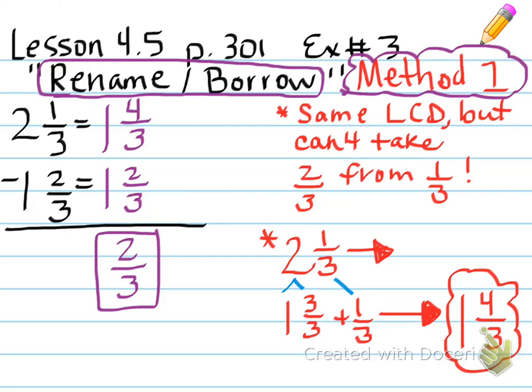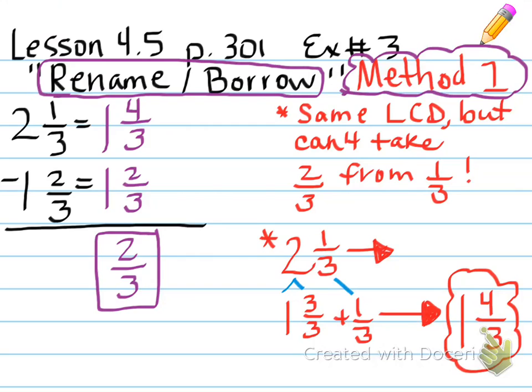The reason I chose 3/3 to represent the 1 whole is so that the denominators would stay the same. So since 1/3 was attached, I had 3/3 rewritten. So now the problem is 1 and 3/3 plus the 1/3 that's already there.